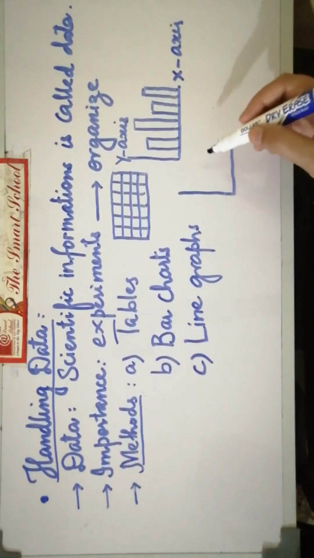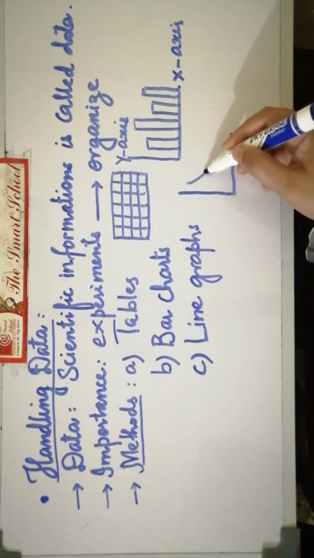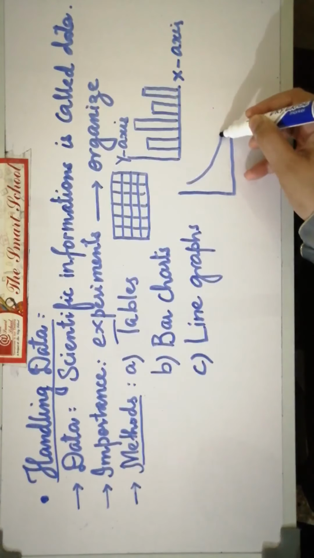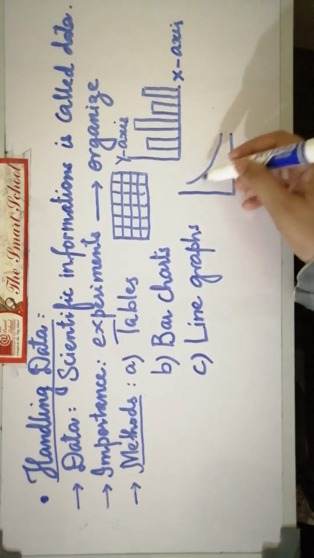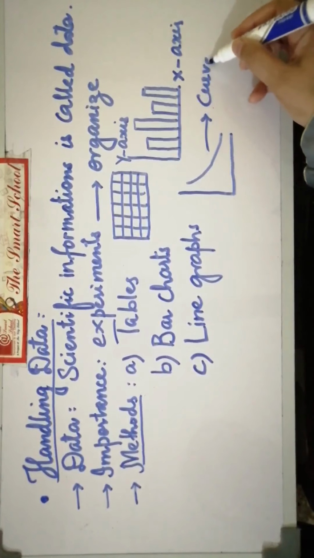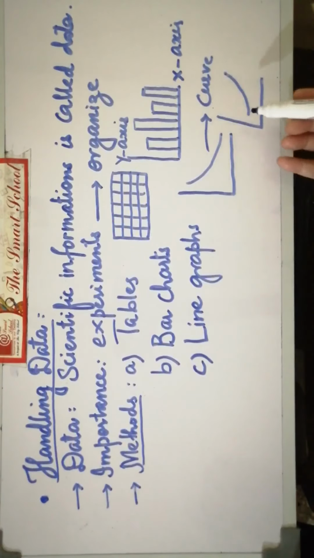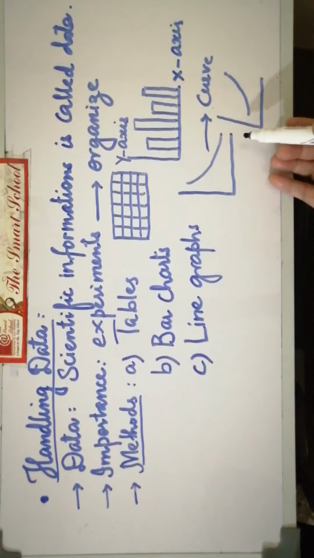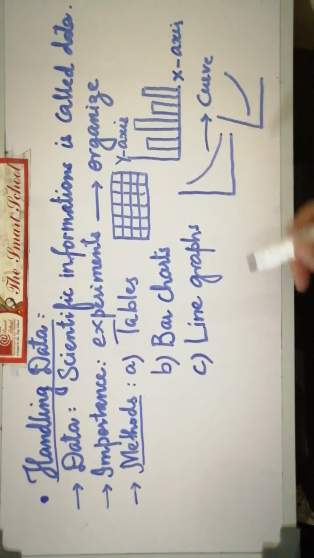After making these lines, you plot your significant values in the form of a curve. Sometimes this curve can also be made like this. All these values depend upon your observations, what you have gained from your experiments.